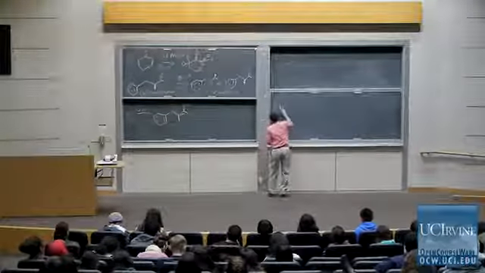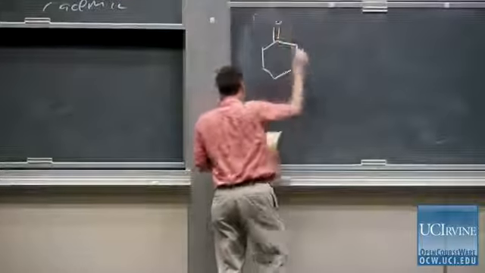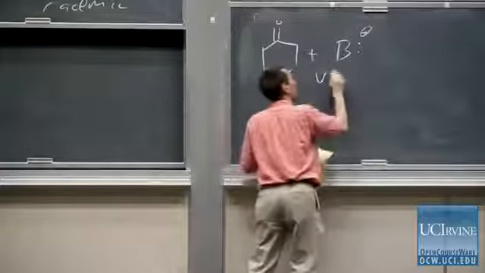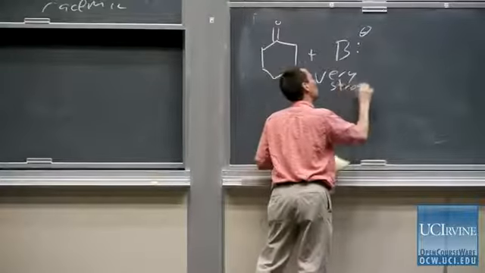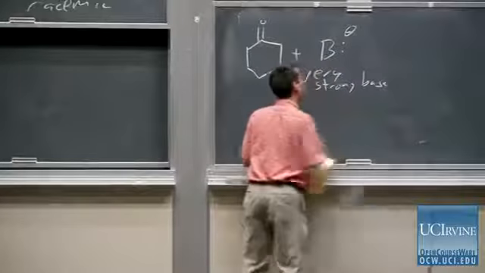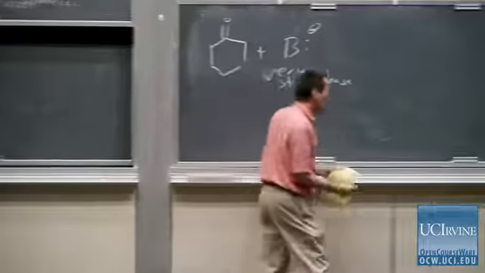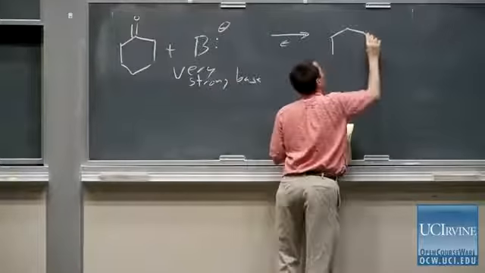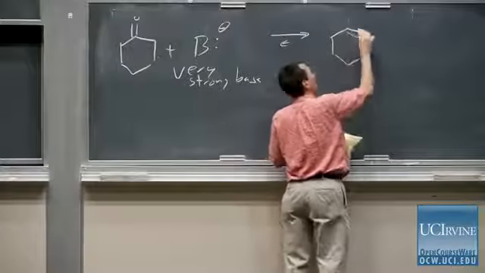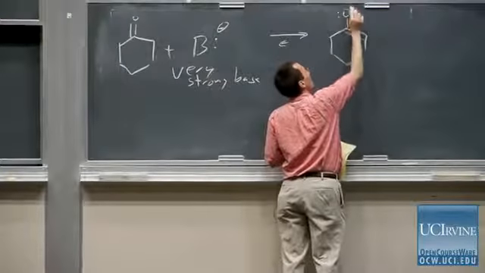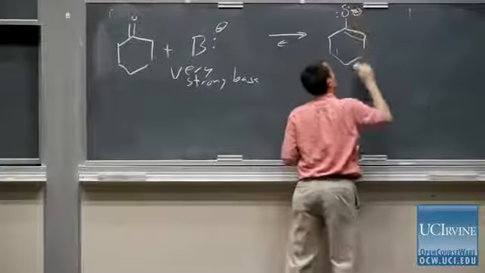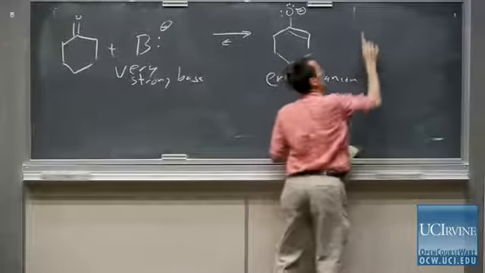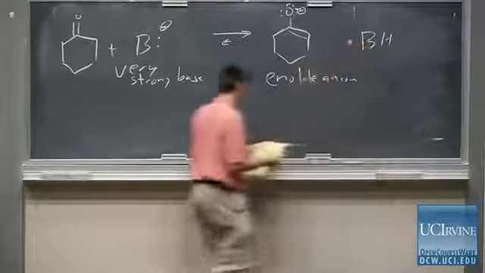If you have something like cyclohexanone and a base, I'll write it as B minus, let's say a very strong base. In other words, pKa of the conjugate acid much greater than 20. Then we have an equilibrium that lies way, way, way to the right, often so far to the right that we can just ignore the left arrow to give us the enolate anion and our protonated acid.